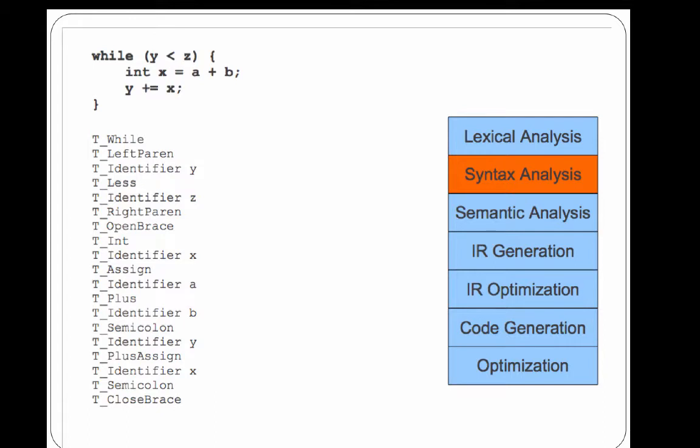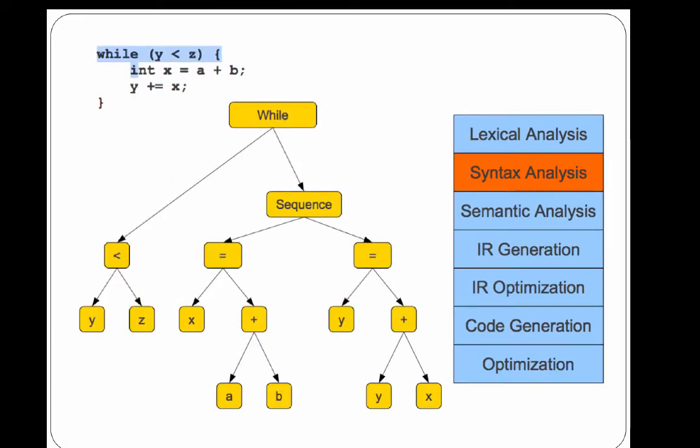After lexical analysis, the next step is syntax analysis, where the input is this sequence of tokens and the output is a structure that shows the syntax of the language. In almost every case that we'll talk about, that structure is called a syntax tree.